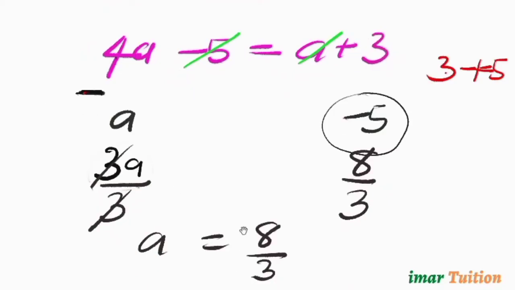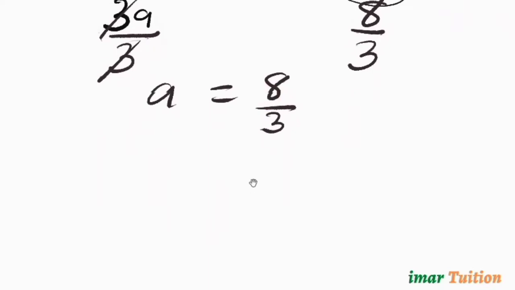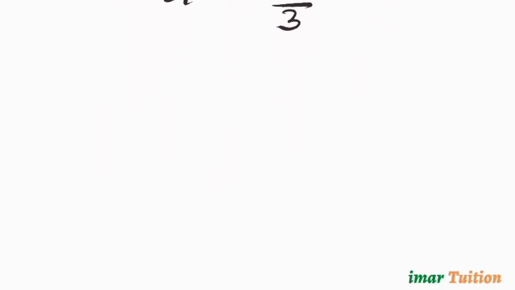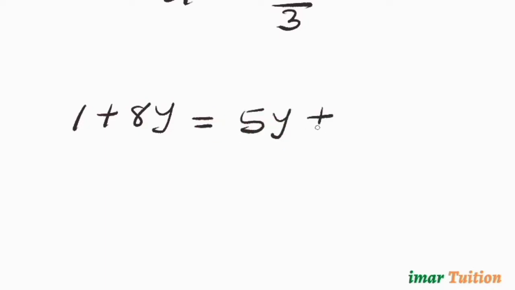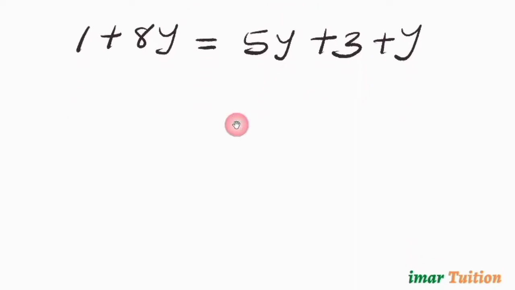The second example, we'll take our sheet up. Have another question there. Let's look at 1 plus 8y to be equal to 5y plus 3 plus y. Right? So we're still going to rearrange. First, we'll put a minus sign in between.